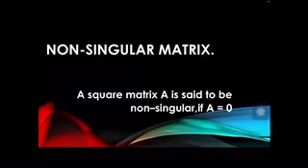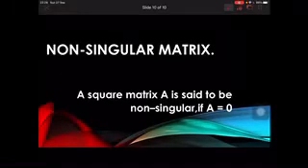Similarly, a non-singular matrix means a square matrix A is said to be non-singular if determinant A is not equal to 0. If determinant A is not equal to 0, we call the matrix A a non-singular matrix.